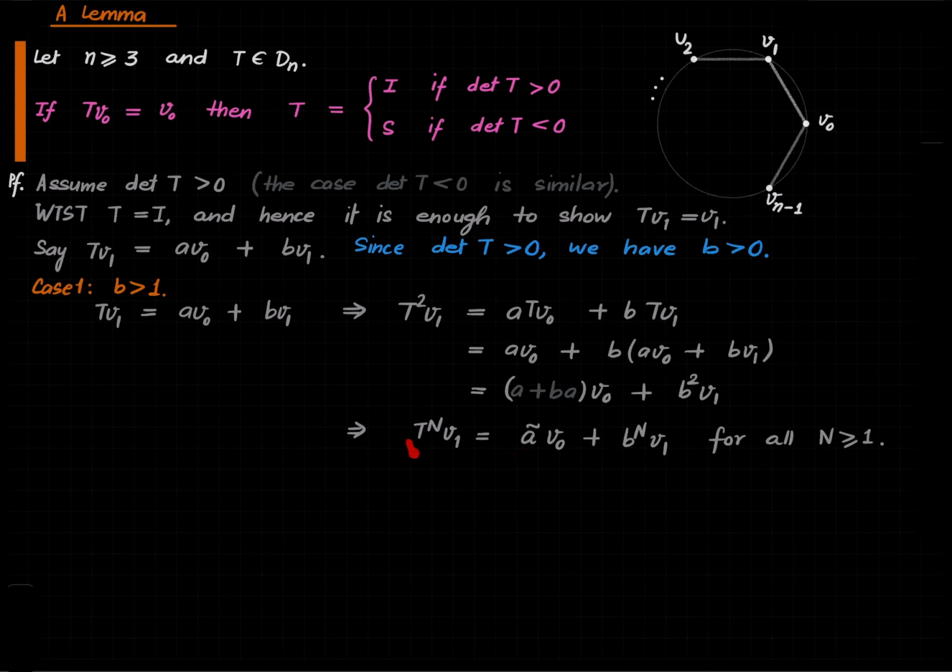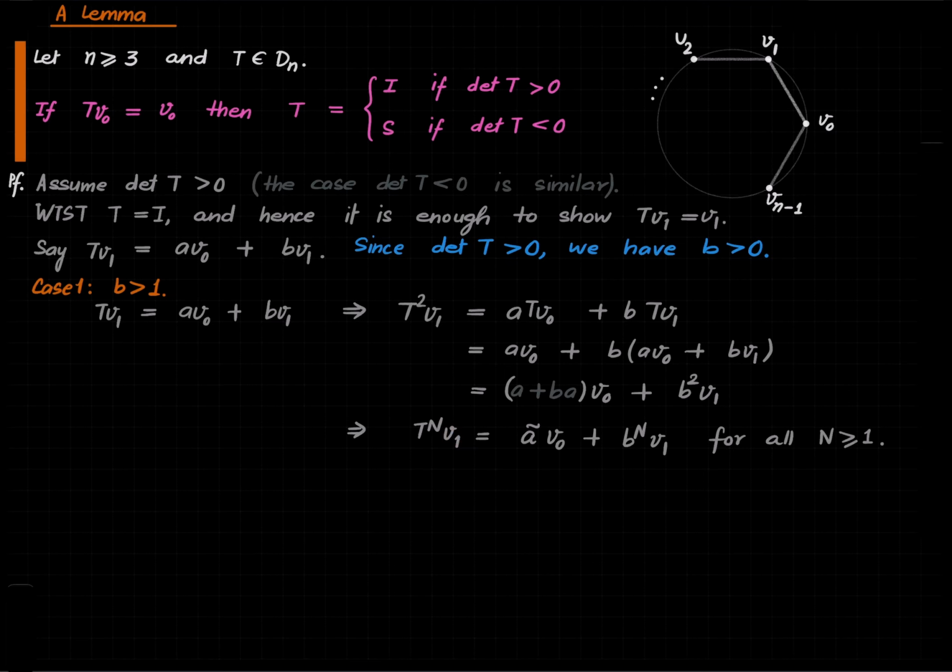But now, this we know lies in the unit circle. This is an element in the dihedral group. V1 is a vertex of the n-sided regular polygon. So this thing is also a vertex in the n-sided regular polygon, and hence in particular this lies in the unit circle. But this thing is equal to that, and if capital N is very large, then this has very large magnitude because B is greater than 1. This grows without bound. So the magnitude of this cannot possibly remain equal to 1. No matter what you do, this magnitude will grow, and this point therefore is thrown out of the unit circle.